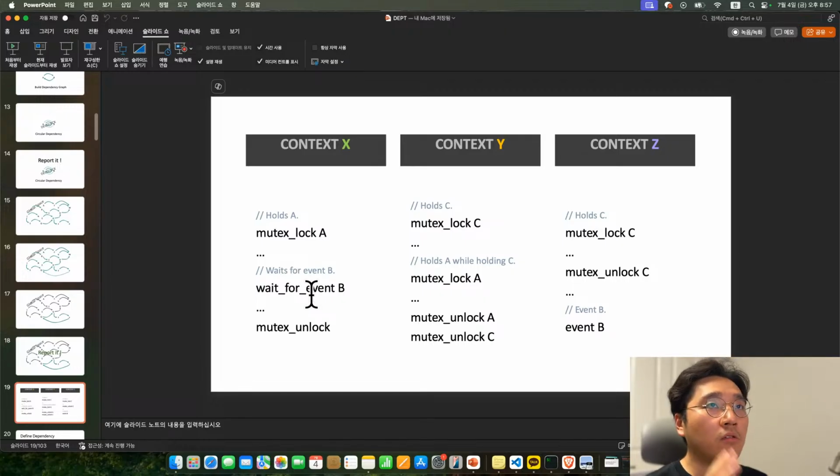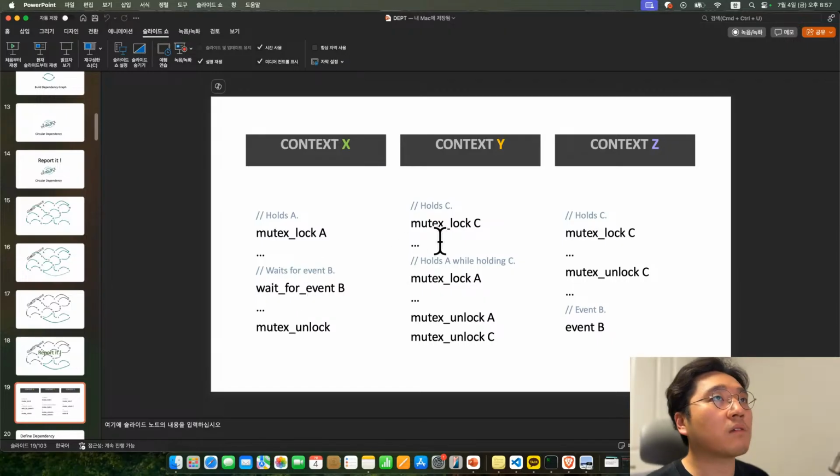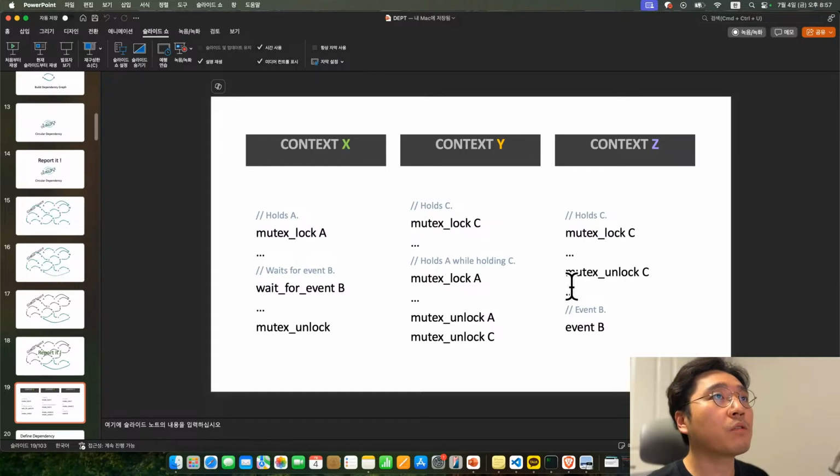So we can see context X, context Y, context Z, and a Y axis. The Y axis is the time at which the code is executed, so this is the upper side.